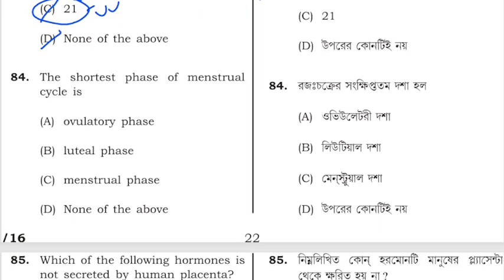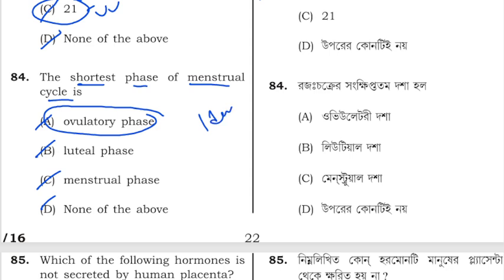Next question is, the shortest phase in menstrual cycle is. A is ovulatory phase, luteal phase, menstrual phase, or none of the above. So the shortest is the ovulatory phase, that lasts approximately 1 day. So this is the shortest phase in the menstrual cycle.